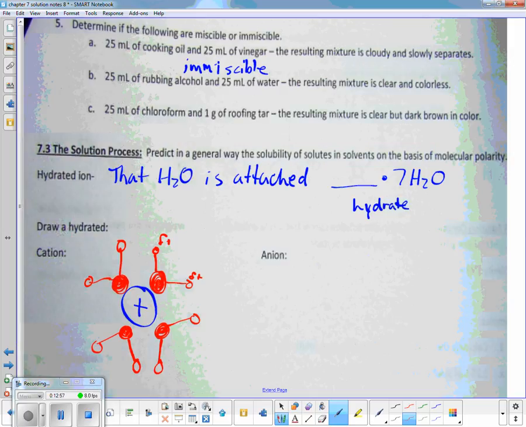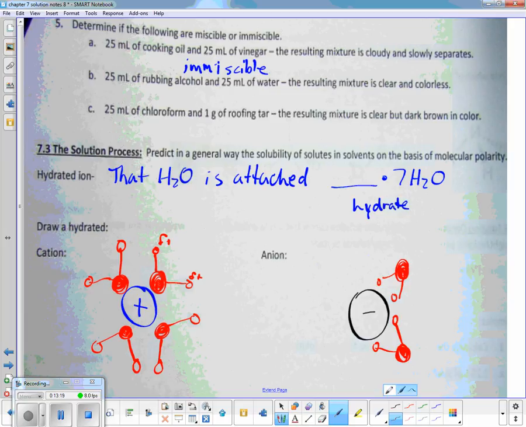All right, so over here, an anion is what? Positive or negative? Negative. So as the waters go to attach to the anion, the little hydrogens are more attracted than the big oxygen. So here's my big oxygen, and I would put my little hydrogens attached. Remember that my oxygen actually has a slight negative charge that we use a small delta for, and my hydrogens have a slight positive charge.